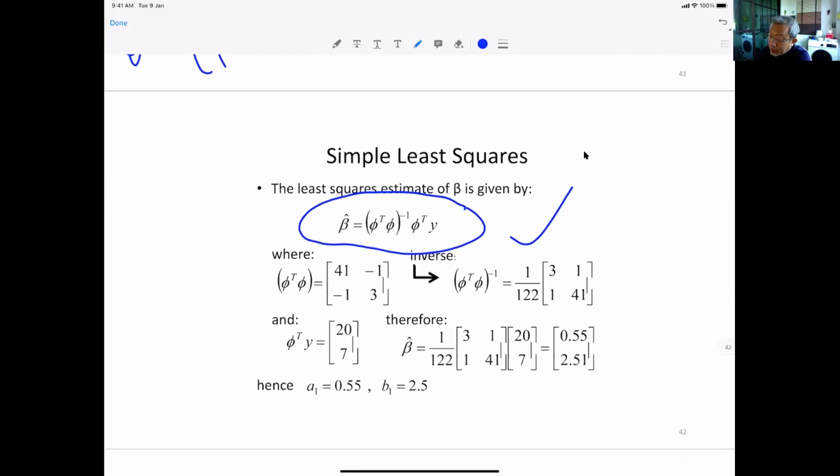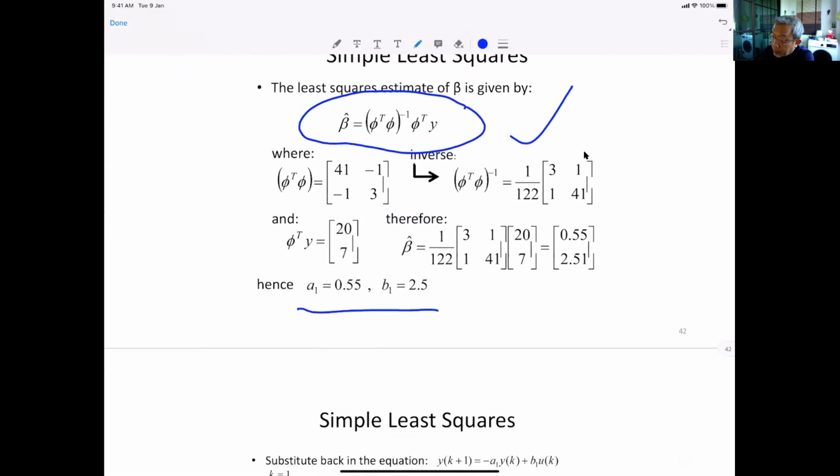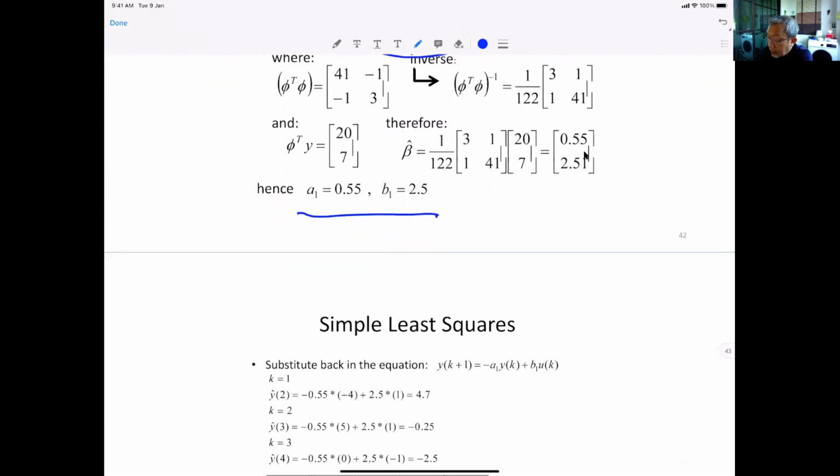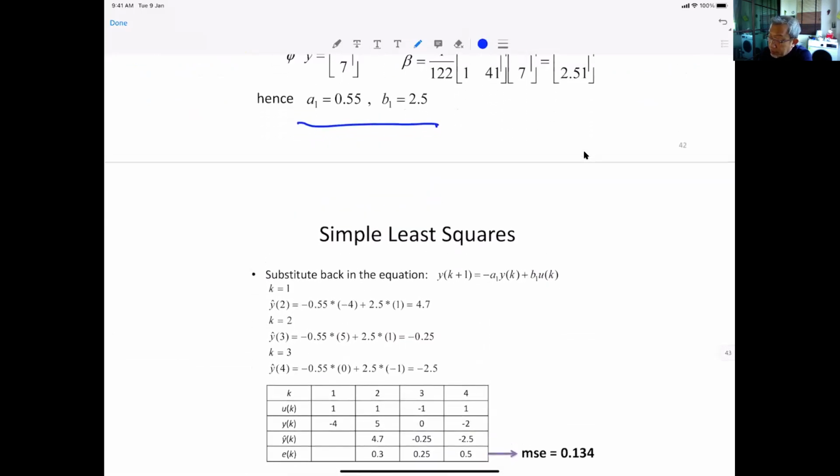Then do the calculations using the calculator, and you get the final answer here. We use this as the estimated y. So k equal to 1, y2 is equal to minus 0.55 multiplied by minus 4, plus 2.5 multiplied by 1, you got 4.7.